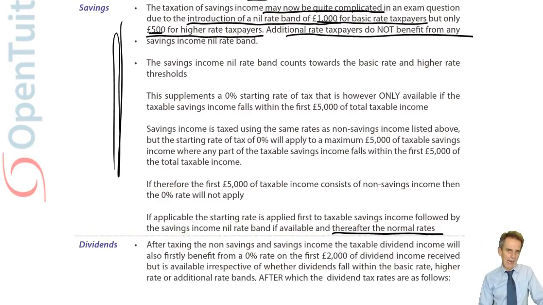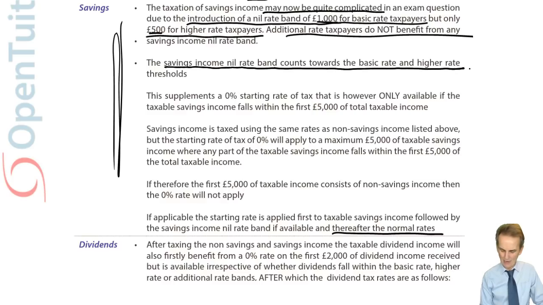When we do our tax calculation, that first £1,000 if you're a basic rate taxpayer, £500 if you're a higher rate taxpayer, that savings income nil rate band counts towards the basic rate and the higher rate thresholds. So when we go through our non-savings then savings, we list out in our tax calculation £1,000 at zero or £500 at zero, at nil rate.